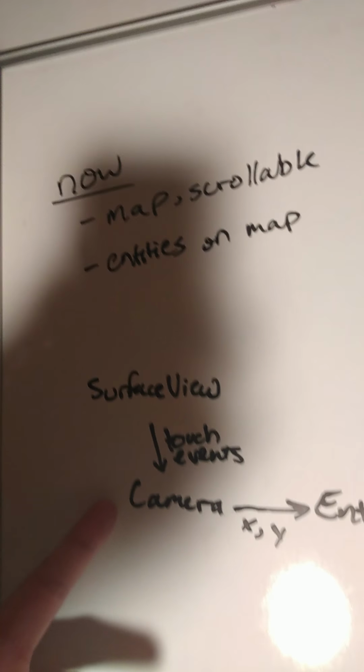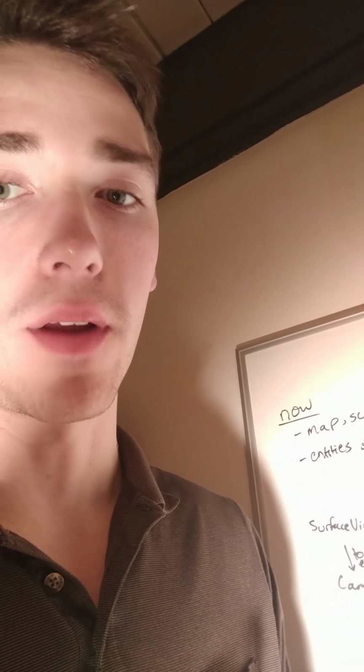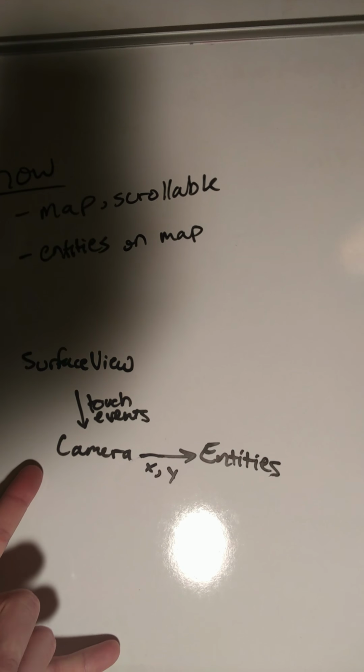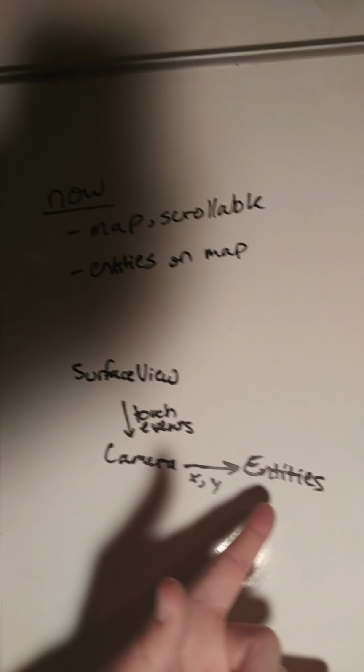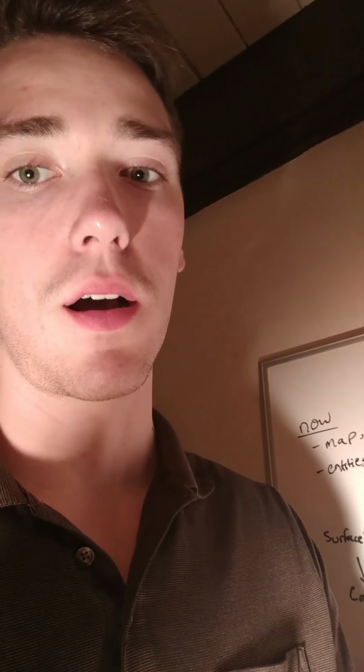So my theory is that since the camera is receiving touch events on a thread and constantly updating, when you press your finger and then move your finger, the X and Y is being updated in the middle of the drawing loop for the entities. So some of the entities are being drawn at slightly different offsets because they are responding to a different touch event.